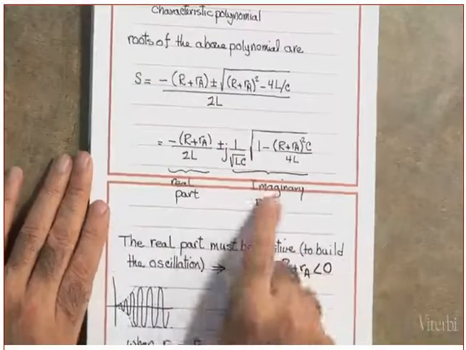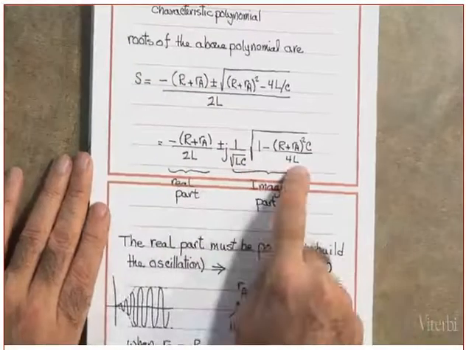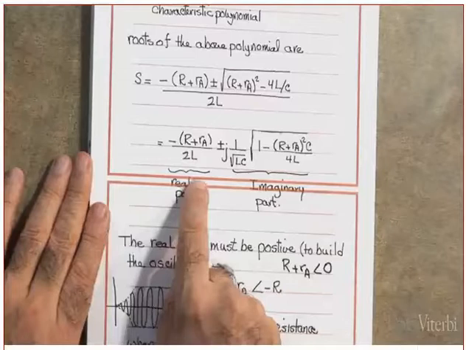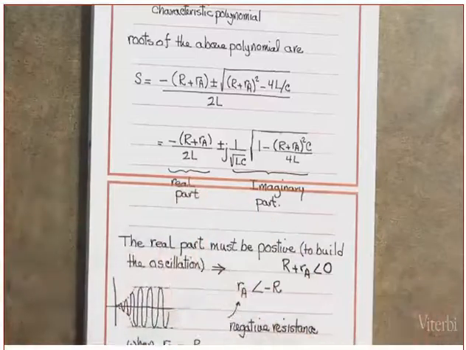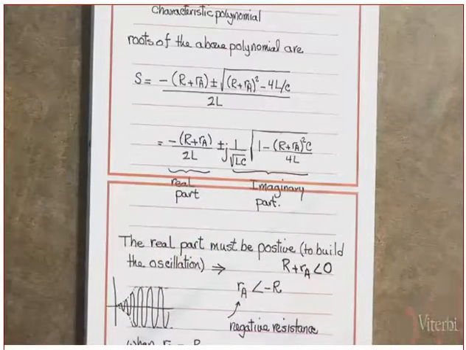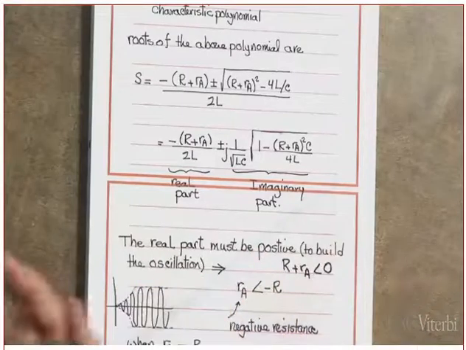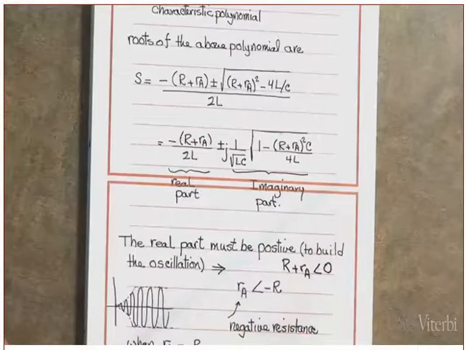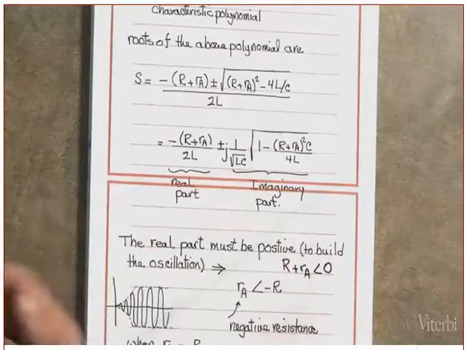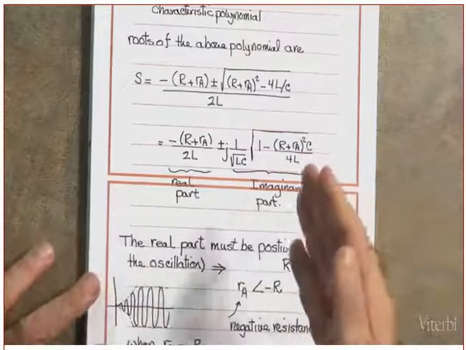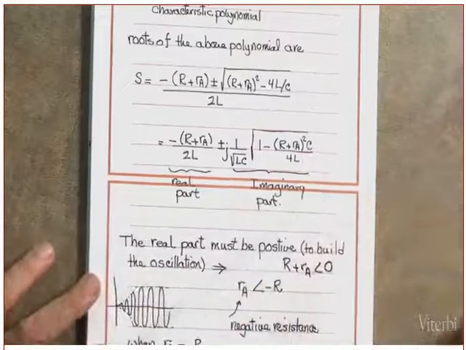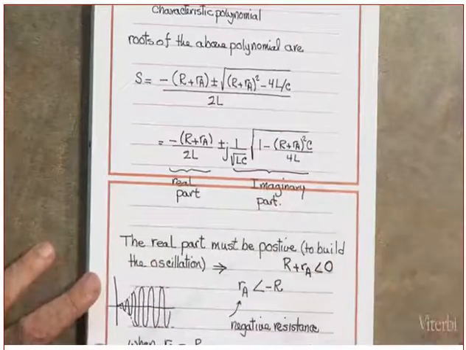Now, I want you to see something here. This is the imaginary part. This is the real part. Where do I want the poles? If the system is to oscillate, I want the poles of the closed loop transfer function, or the characteristic polynomial, to be on the j omega axis, which means I don't want any real part.